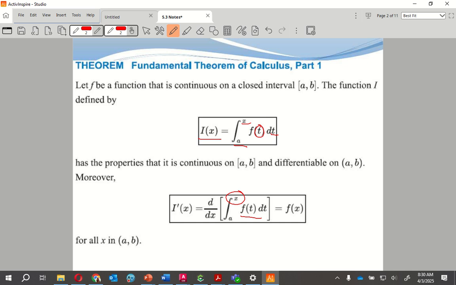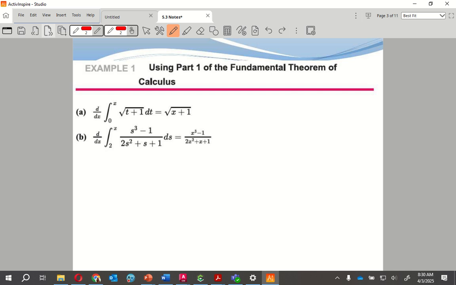If you notice, the lower bound goes away. Okay? And so for this one right here, I'm showing the steps, because it's already done, but still.